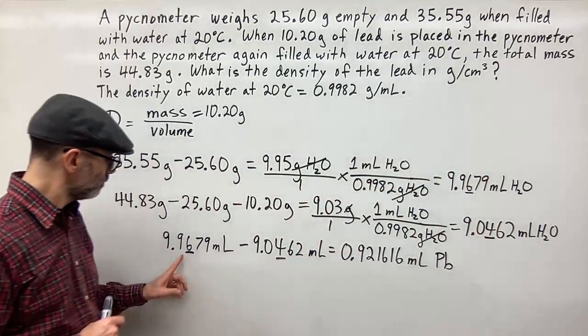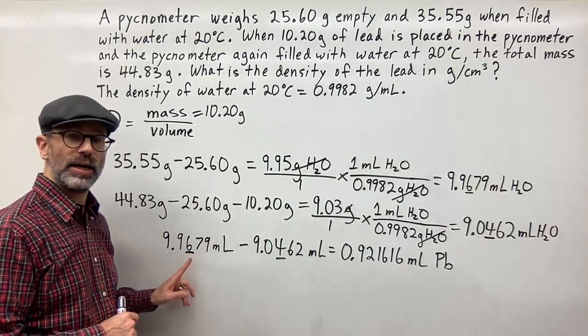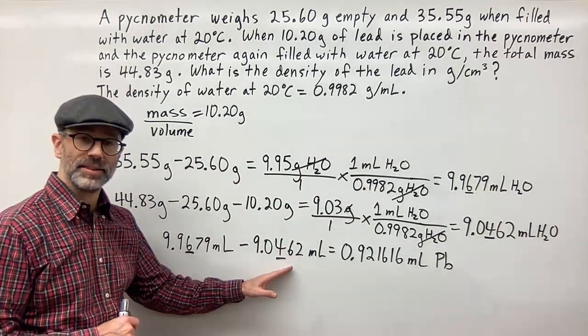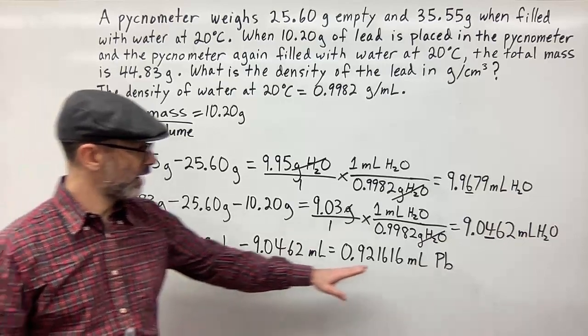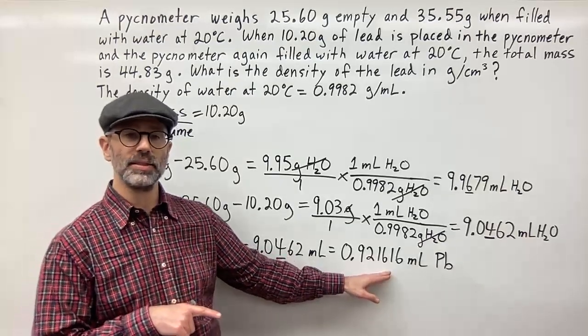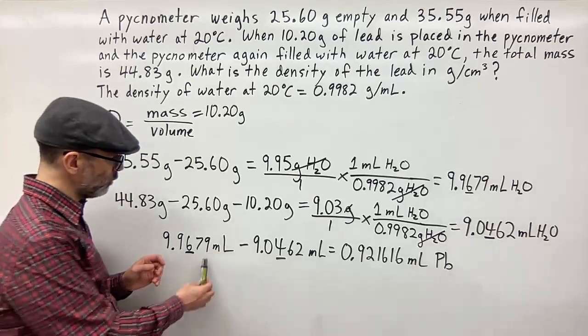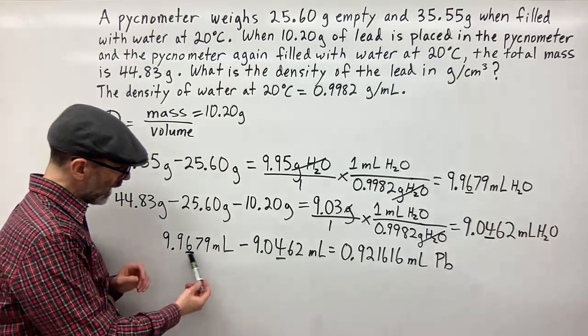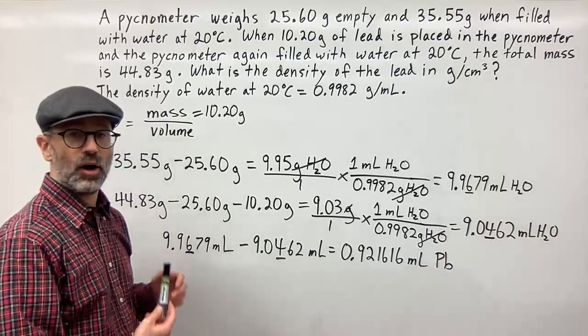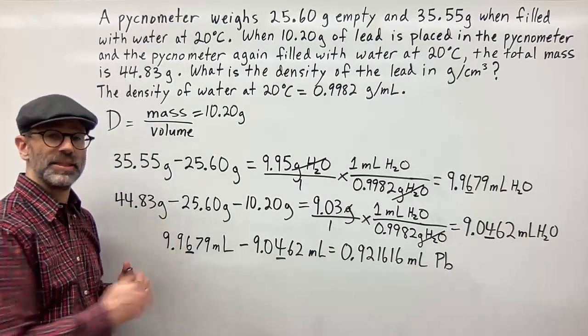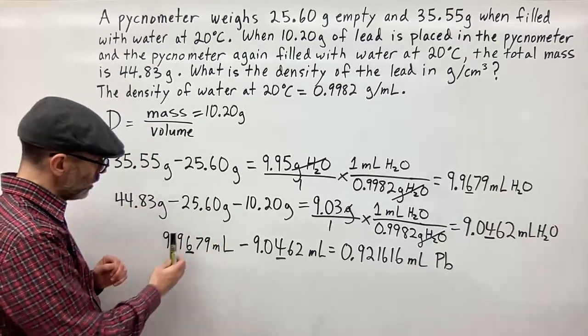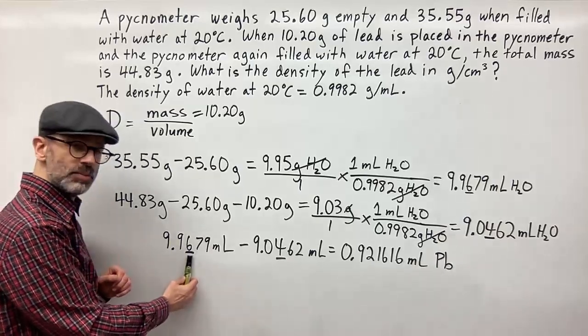Now, again, here when I am subtracting, the answer should have the same number of decimal places as the least number of decimal places. And so now here, even though I have extra digits, I underline these so I can remind myself what the last significant digit was, because I can't go any further than that. So this has 1, 2 decimal places.